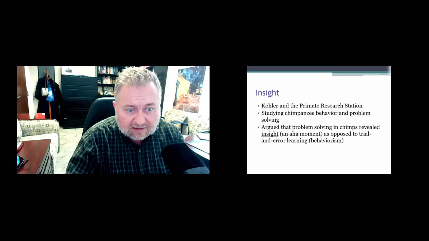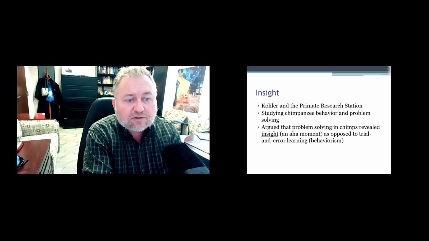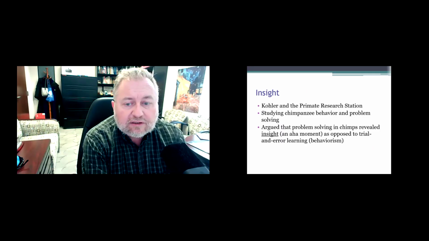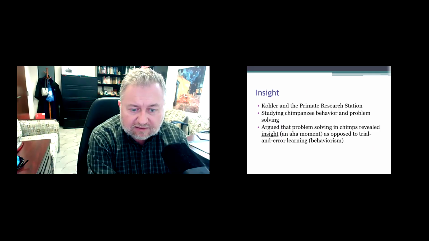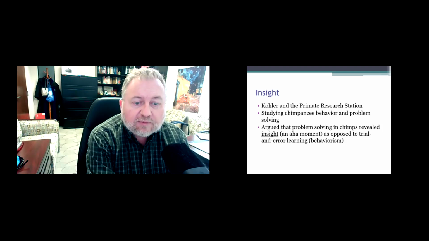It begins actually with some animal research. Wolfgang Kohler was studying chimpanzees at the primate research station. One of the things he did is give them problems to solve. Namely, he would take some food, some bananas, and place it in their enclosure in such a way that they could not easily obtain it.